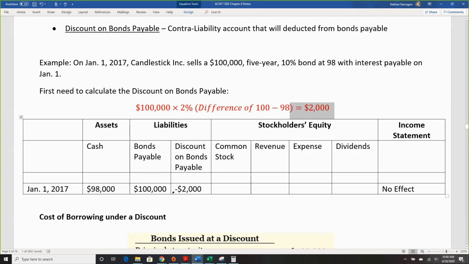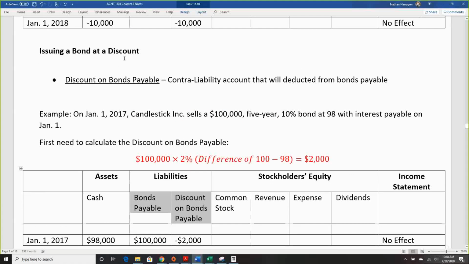To figure out cash, all you do is take the formula of bonds and discount. Basically 100,000 minus 2,000, which your cash comes out to 98,000. Okay? It's really all we're doing on an issuing of a bond at a discount.